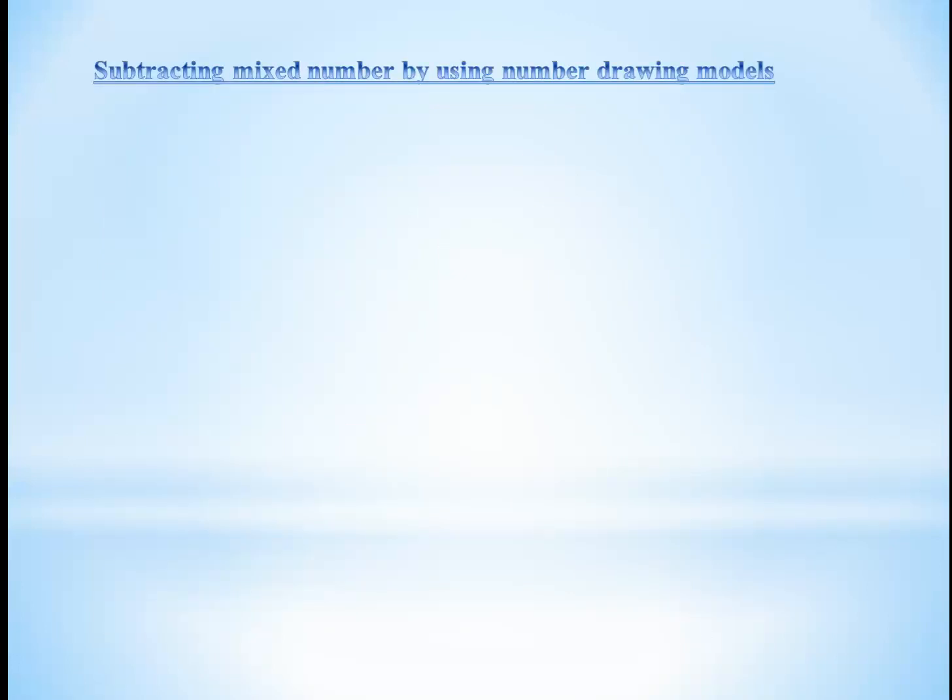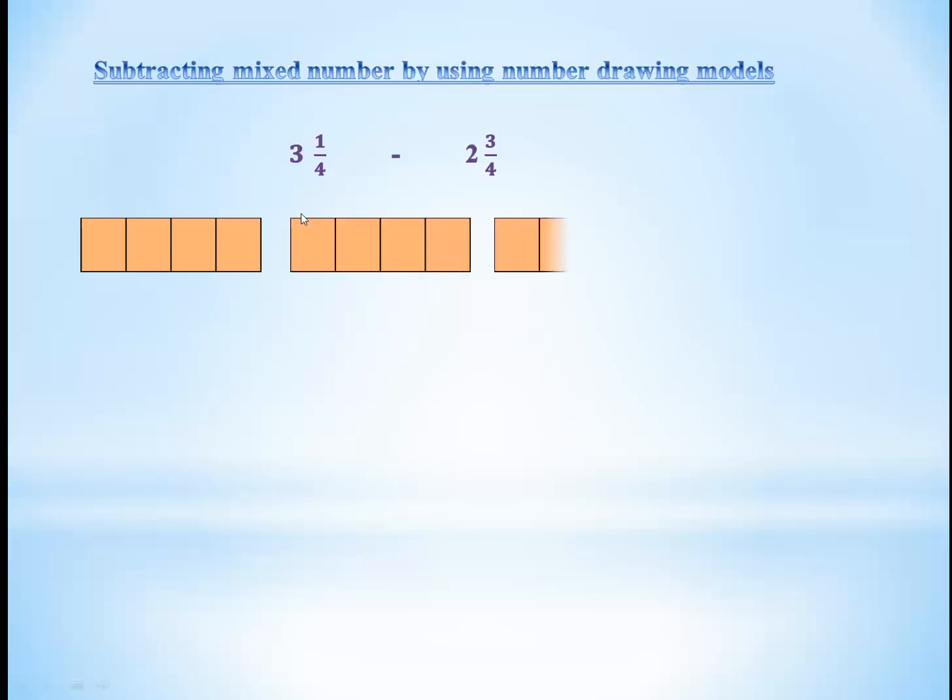Okay. Subtracting mixed numbers by using drawing models. 3 and 3/4 minus 2 and 3/4. Okay, let's draw. We have here denominator 4, so we will draw a bar divided into 4 parts. Here we have 3 wholes, so we will draw 3 wholes and a quarter.